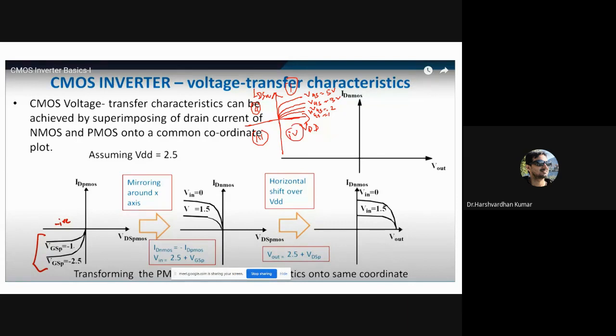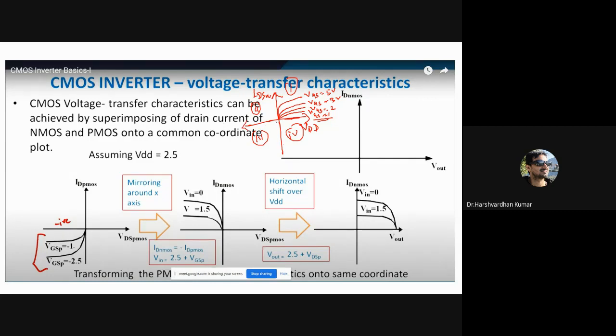For the NMOS transistors, you are getting the positive drain to source current, and you are applying the positive VDD and positive gate to source voltage. Now, we know very well for the PMOS transistors, the current will be negative, the gate to source voltage will also be negative, and VDD will also be negative.